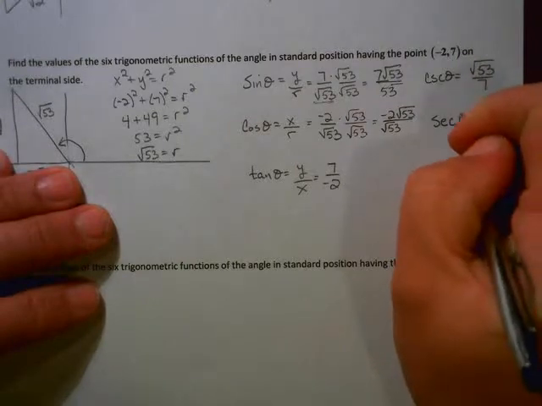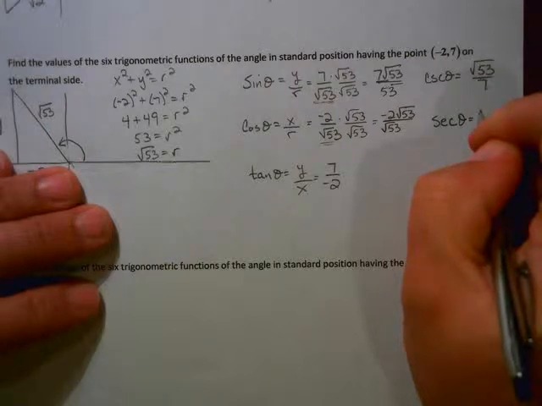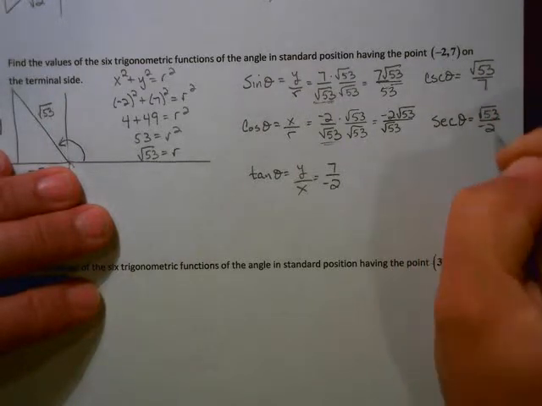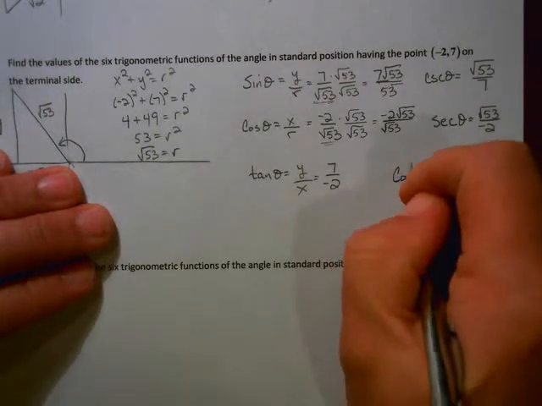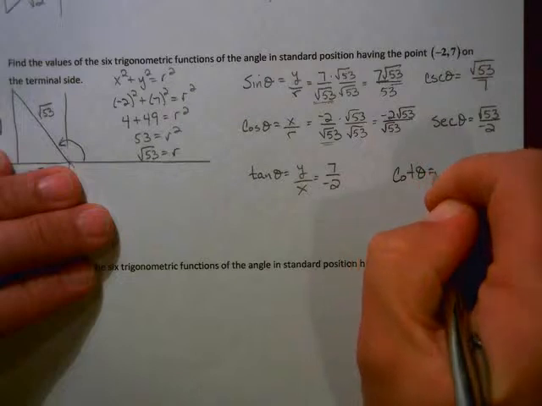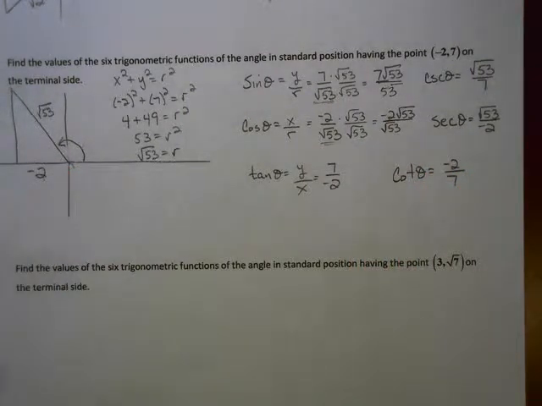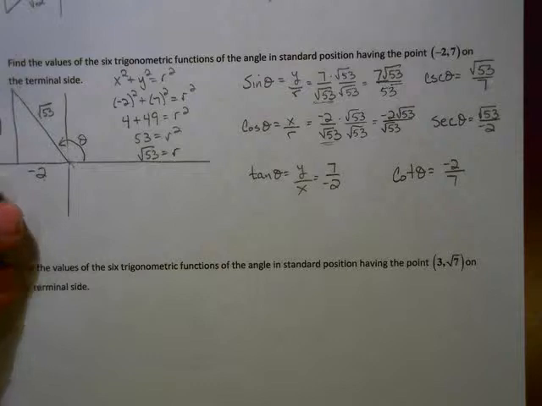Secant theta, I'm going to use this one, square root of 53 over negative 2, and again it doesn't matter where that negative is, and cotangent theta equals negative 2 over 7. So there are our exact values for 6 trig functions for this angle theta.